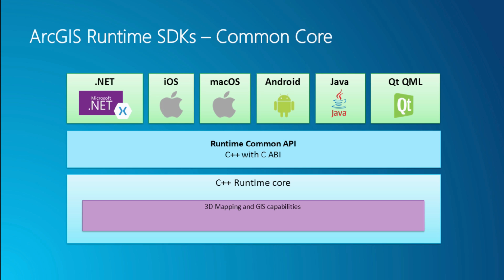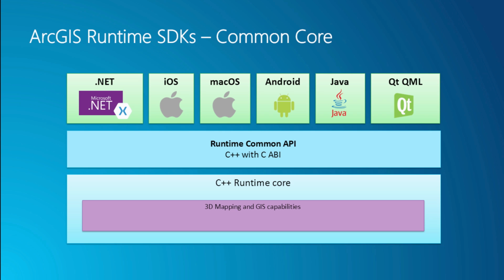So all of our Runtime SDKs, and we have 6, Runtime SDK for .NET, iOS, macOS, Android, Java, and Qt, QML. They're all products built to be able to integrate within developer experiences that are popular today for building native applications. They're all founded on top of a common core, right?